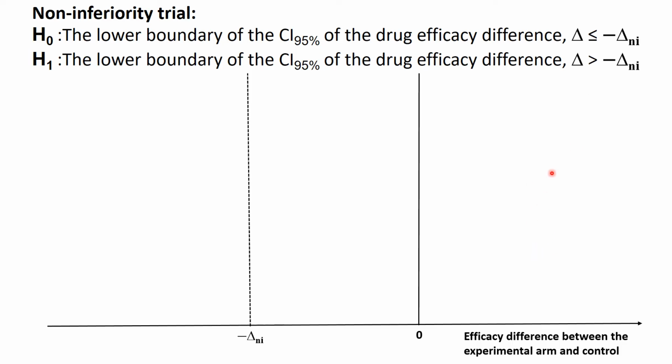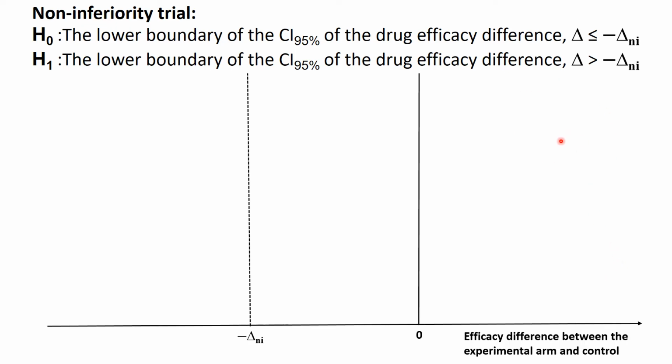Let's assume the efficacy of the new treatment is, let's say, 2, and the efficacy of the control arm or the existing treatment is 3. We are just assuming. If we say 2 minus 3, we're definitely going to get something negative. But that difference should not go beyond that particular negative threshold, to say we've agreed that the new treatment is less than the existing treatment.